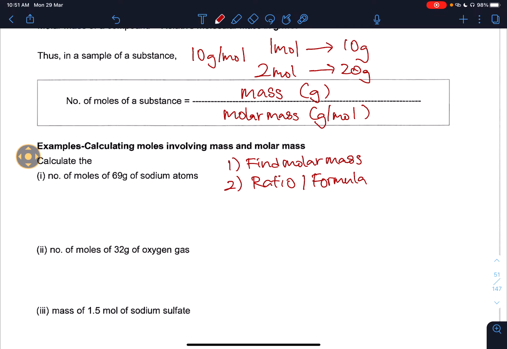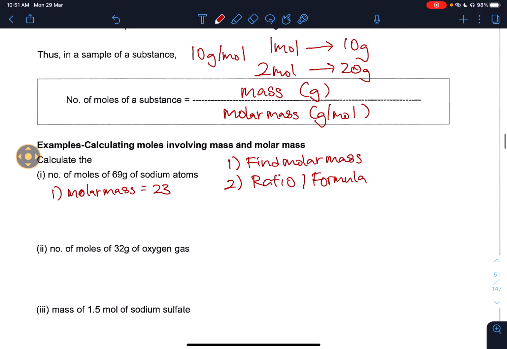The first question: number of moles of 69 grams of sodium atoms. Step 1, we find the molar mass of sodium. You can find it from the periodic table, and the molar mass of sodium is 23. Second, you find the number of moles.